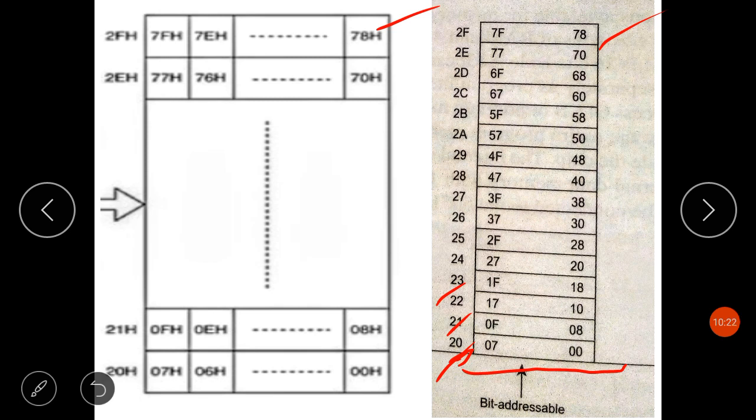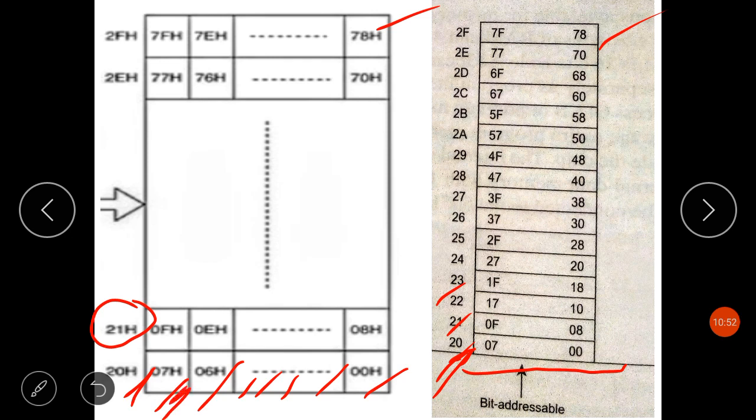If 20H is the address, it is of 8 bits, and each bit of each address is also given an address. For example, in this picture 20H, since it is of 8 bits, each bit is assigned an address like 00, 01, 02, 03, 04, 05, 06, 07. Then 21H is also of 8 bits, so every bit has been assigned an address.